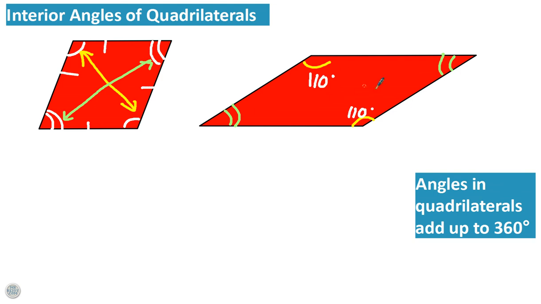The whole thing adds up to 360. These two angles, one of the yellow ones and one of the green ones, are going to add up to 180. And so in that case, this one over here must be 70, because 70 and 110 together make 180.